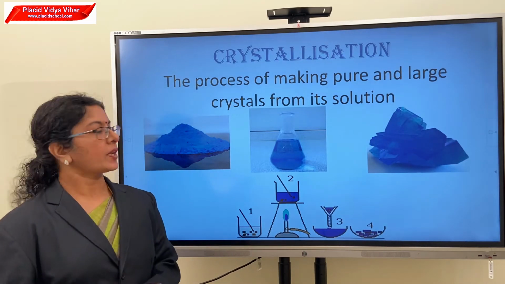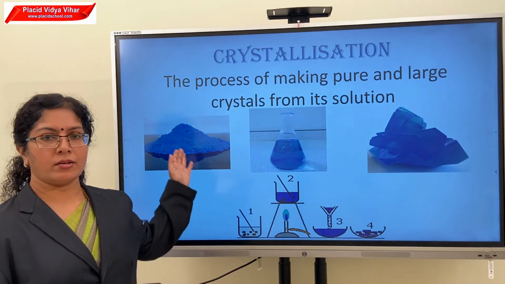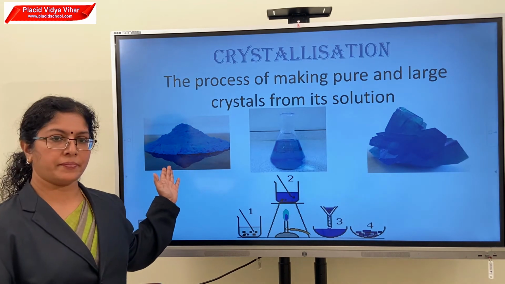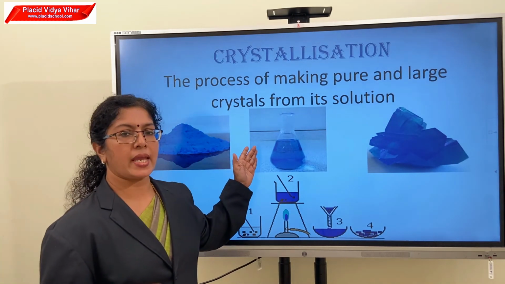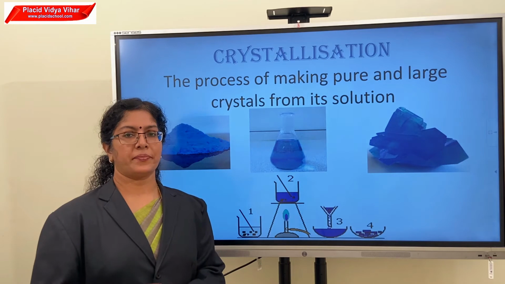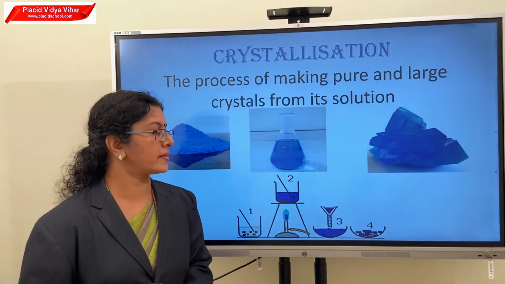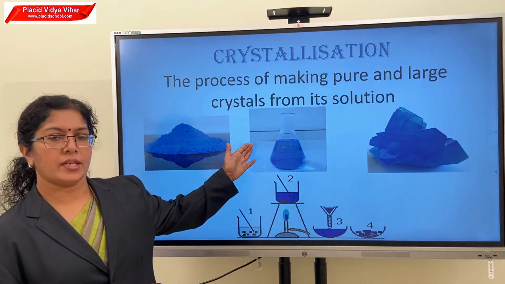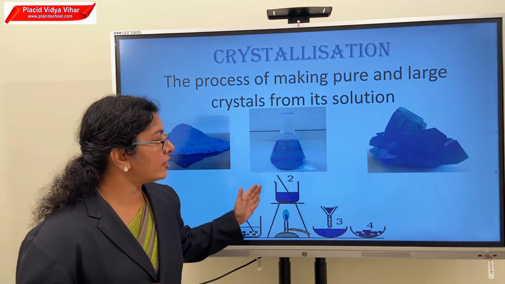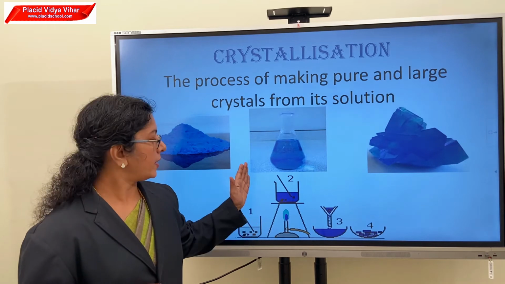See this. First we are going to take copper sulfate powder and dissolve it in a beaker of water. Add 2 or 3 drops of sulfuric acid to it and warm or heat the solution.